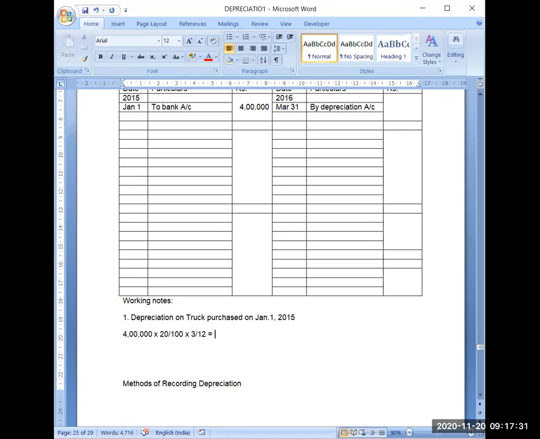Now if we will simplify it, 5, so it will be 80,000 multiplied by 3 upon 12, divided by 4.